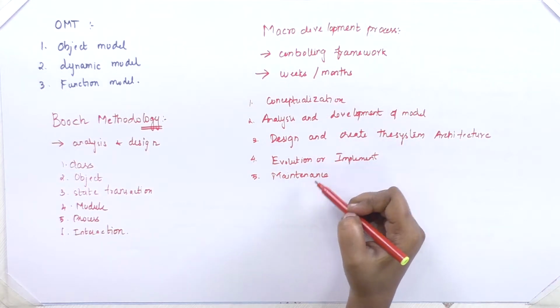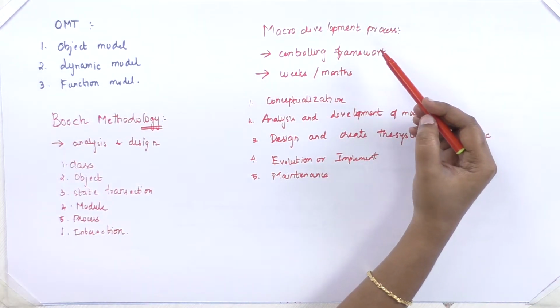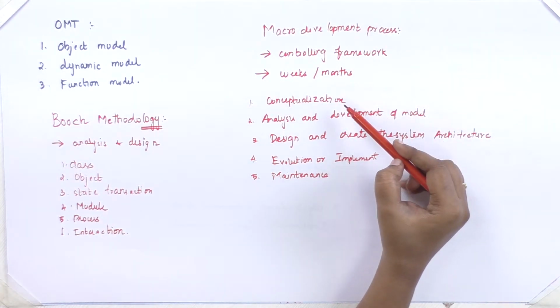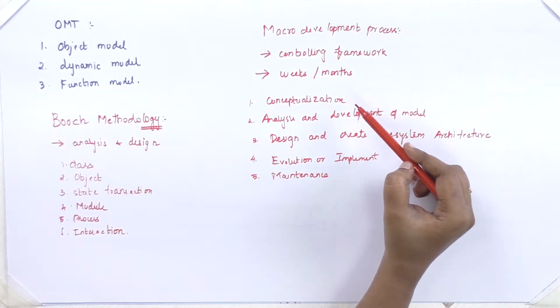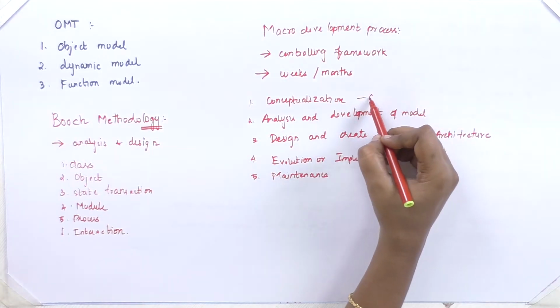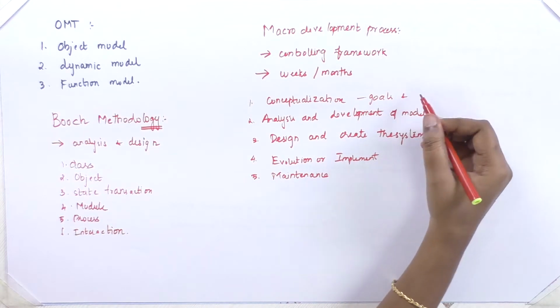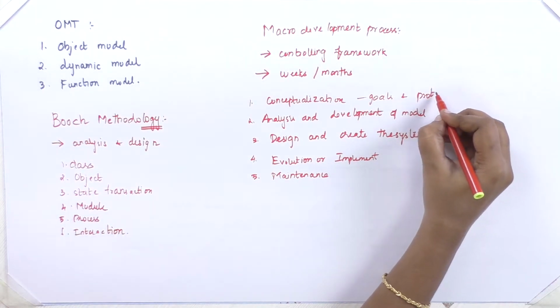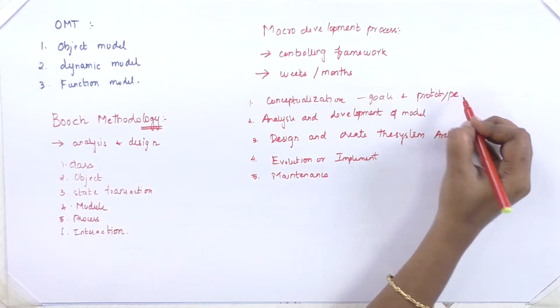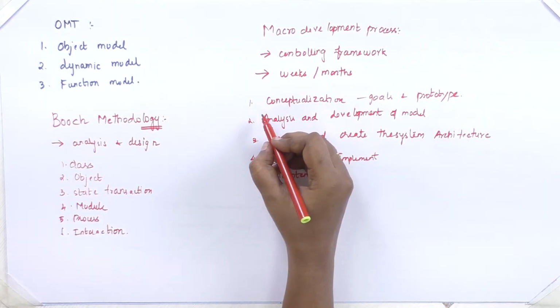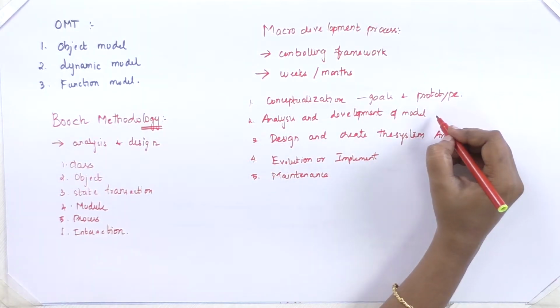So these are the 5 phases you have in the macro development process. In the conceptualization phase, you establish some set of goals and develop a prototype based on the requirements we have collected from the user. This is what is done in the conceptualization phase.